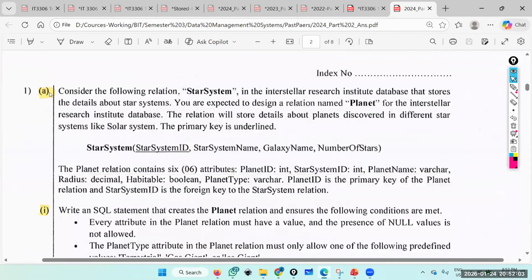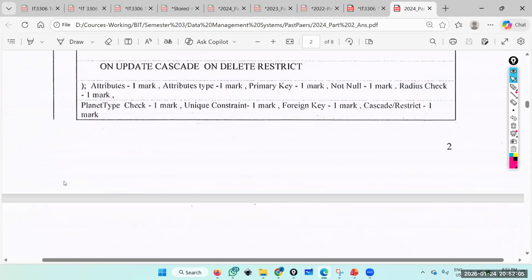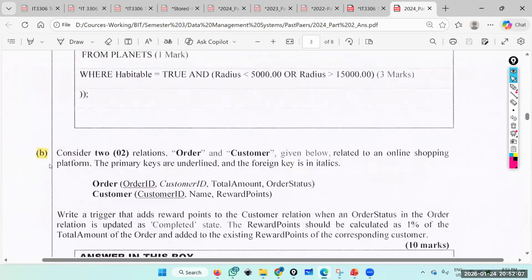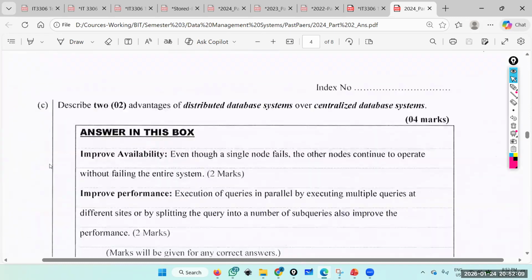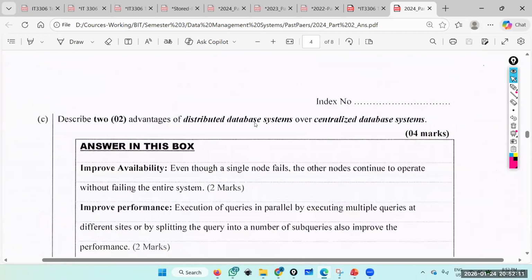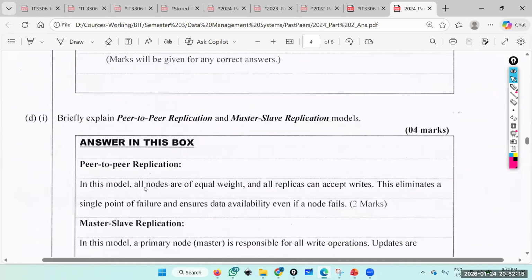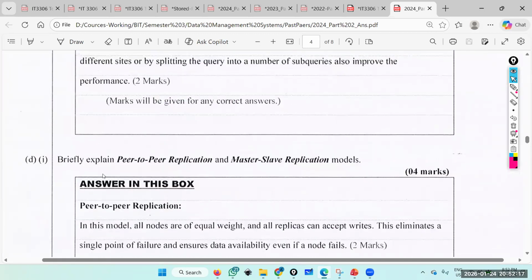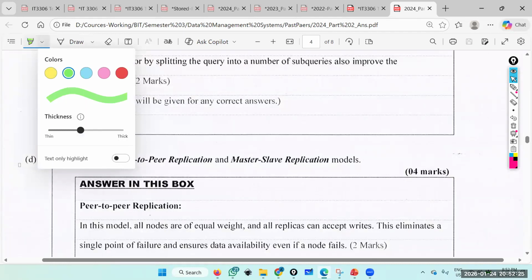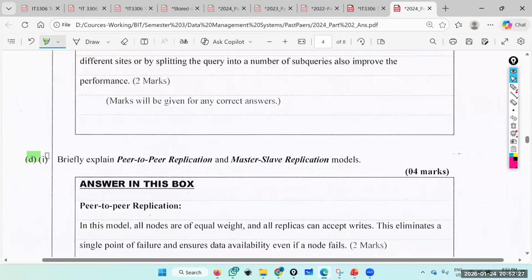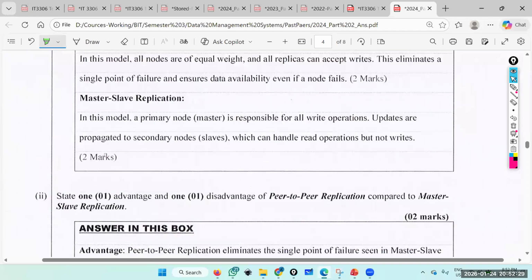Right, so we have done 1A, 1B we have done. This is a distributed database question. This one we can do now. Okay, let's use a different color. Right, so this one we can do.